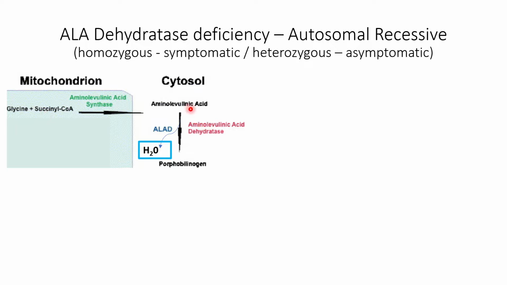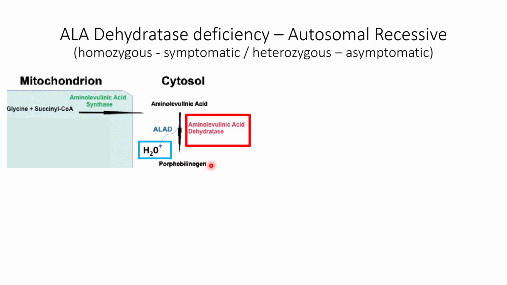Aminolevulinic acid then undergoes dehydration with the help of the enzyme ALA dehydratase and leads to formation of porphobilinogen. Our condition is ALA dehydratase deficiency, so we have a defect in this enzyme. When we have a defect in this enzyme, what is expected to accumulate is aminolevulinic acid, and porphobilinogen will be in lower concentration.